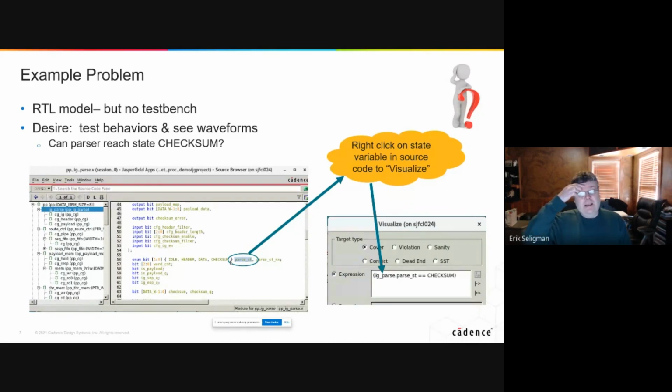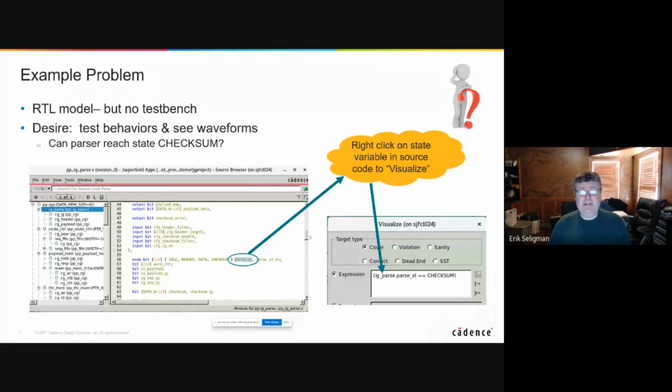Rather than thinking independently about what inputs it takes to get there, in a formal verification tool like Jasper you right-click on your state variable and say you want to visualize a situation where this state variable reaches the checksum state. We're not telling the tool anything about what inputs to drive. The tool computes backwards from that request and figures out what inputs it takes to get us to the checksum state.